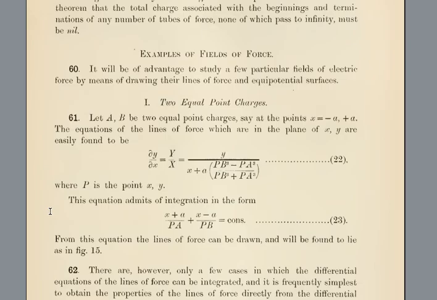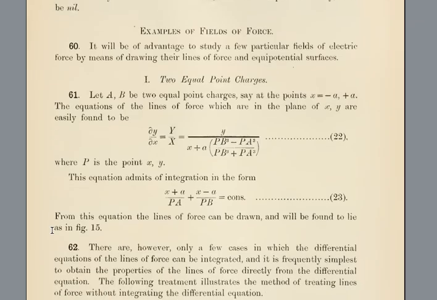60th. It will be of advantage to study a few particular fields of electric force by means of drawing their lines of force and equipotential surfaces. First, two equal point charges. 61st. Let E1 and E2 be two equal point charges, say at the points x equals negative a and x equals positive a.